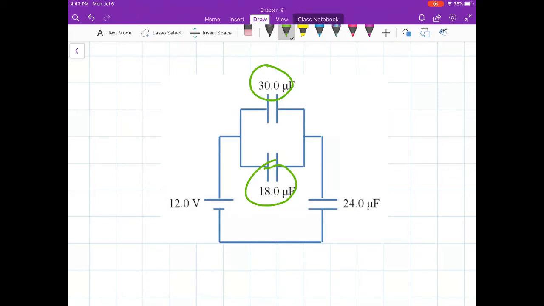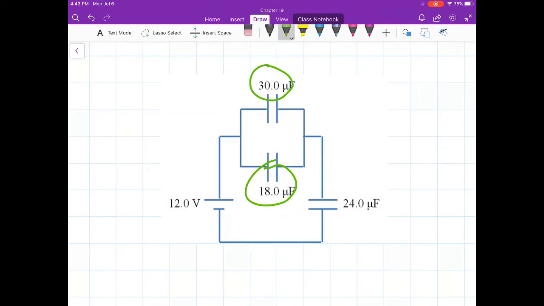We know they're in parallel because if I consider this side with one color, they're at the same potential. This side, another color, they're at a different potential. The two capacitors are in parallel and they have the same delta V. So we're going to start by solving those two parallel capacitors.